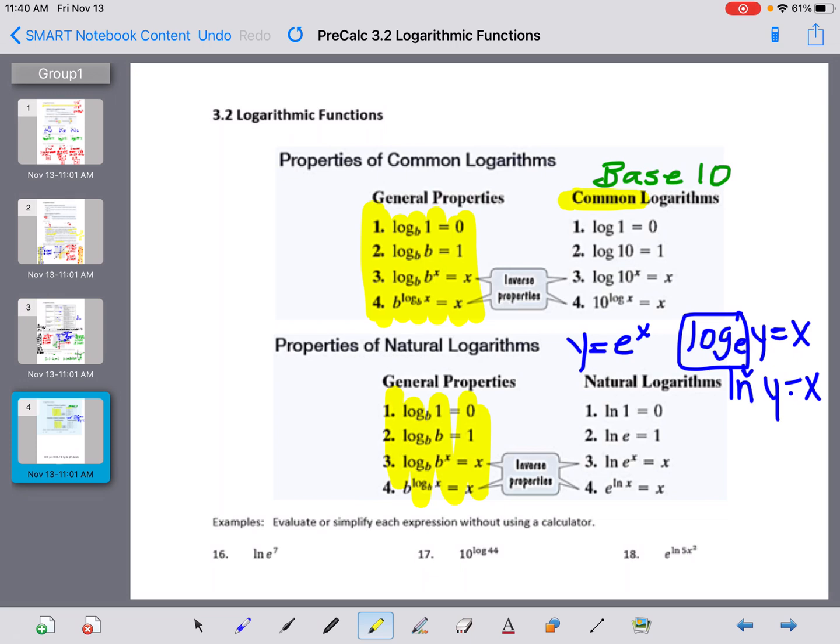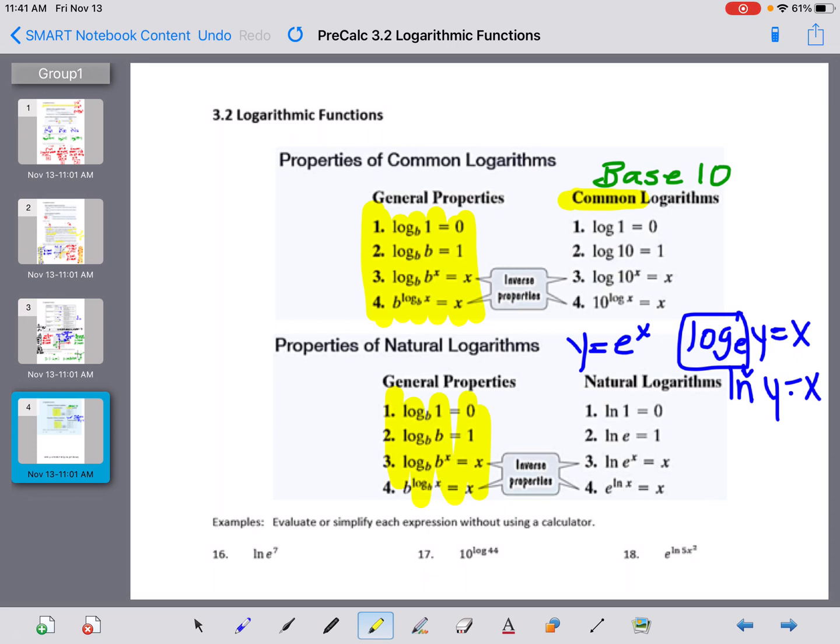It doesn't have any other log bases in it. It would be way too much memory for that calculator. We can still solve other logs, but we have to keep in mind our calculator only has log of base e, which is the natural log and e to the x power, and log of base 10, which is just the general common log, and 10 to the x. So just keep that idea in mind.